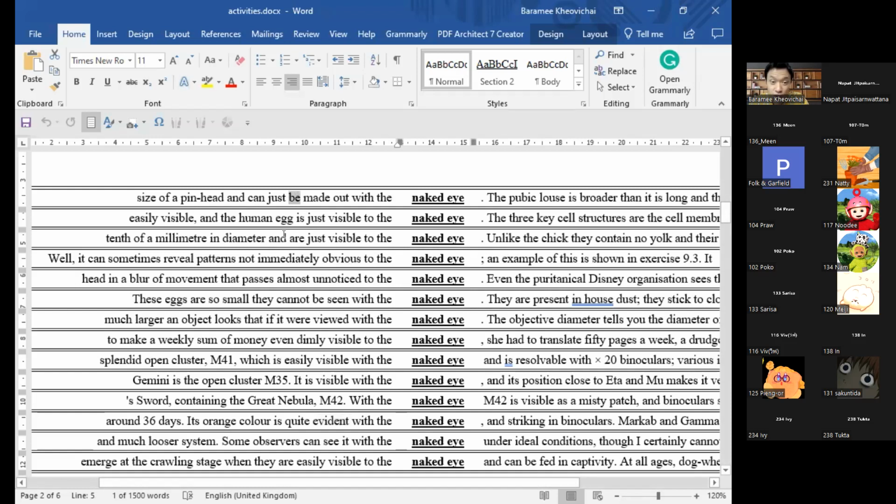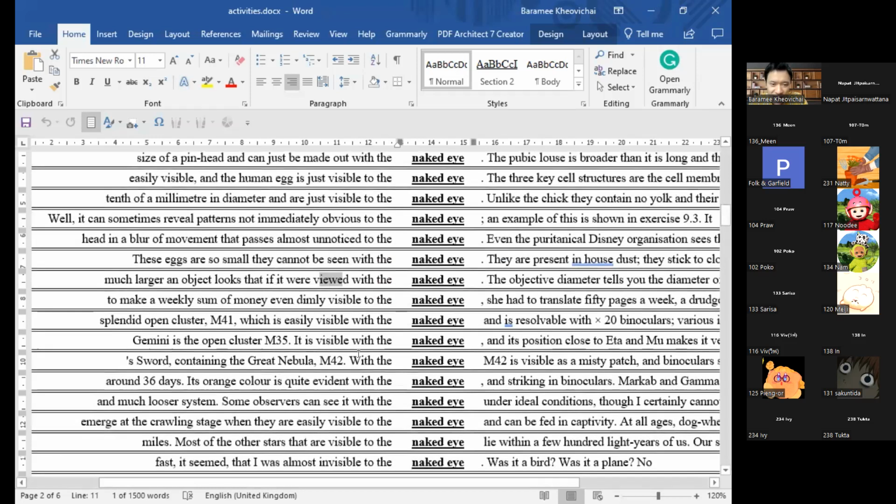Are there any lexical verbs that tend to occur on the left of naked eye? Reveal. There is reveal. Viewed. Okay. So we've seen as well, right? Seen, viewed, right? Okay. Thank you. And also you have the word see as well. Okay. Thank you.